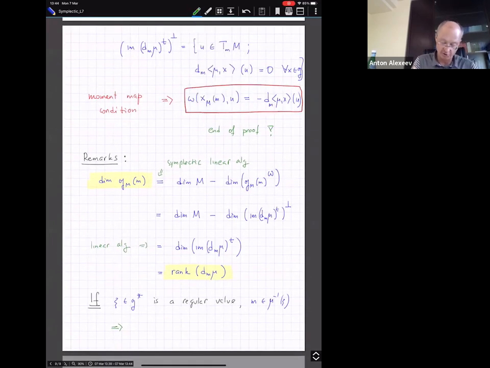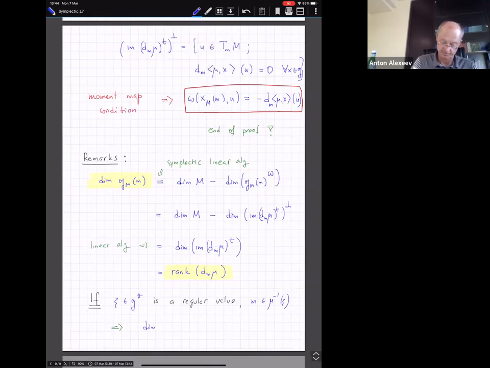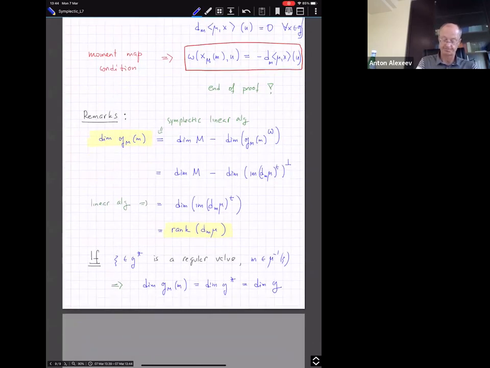So then the dimension of this g_M(m) is simply equal to the dimension of g star, and of course equal to the dimension of g.